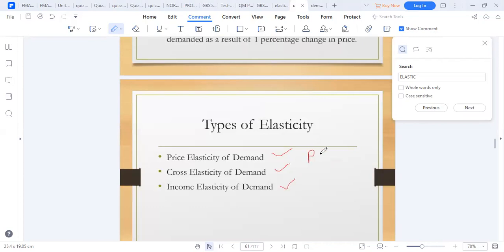We denote them as PED, XED, and YED. Income has 3 letters. You can use M, you can use Y, you can use I. It's all the same. Don't get confused.